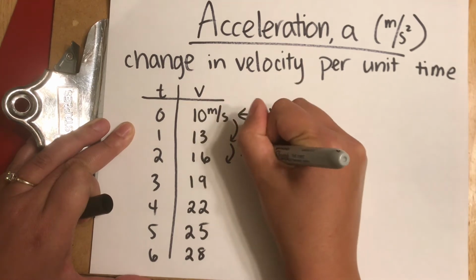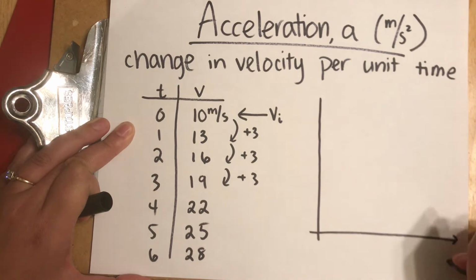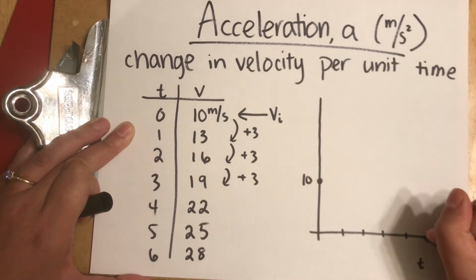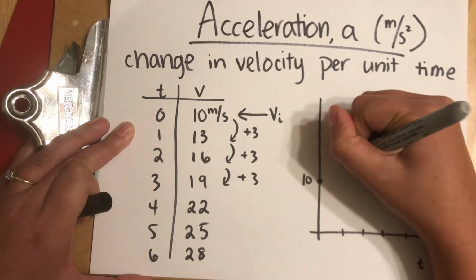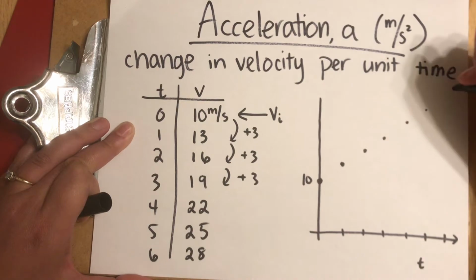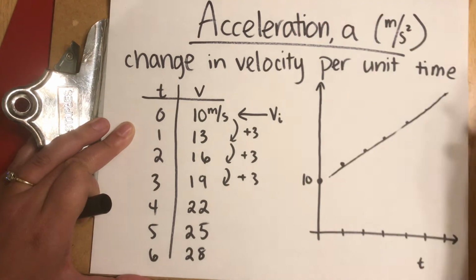So starting at 10, counting up by threes, every second gets 3 meters per second faster, yielding a graph that starts with a y-intercept of 10 and a positive slope of 3. So we could use slope to calculate the acceleration from a graph.